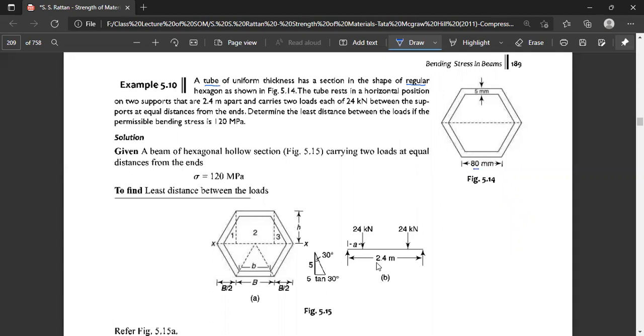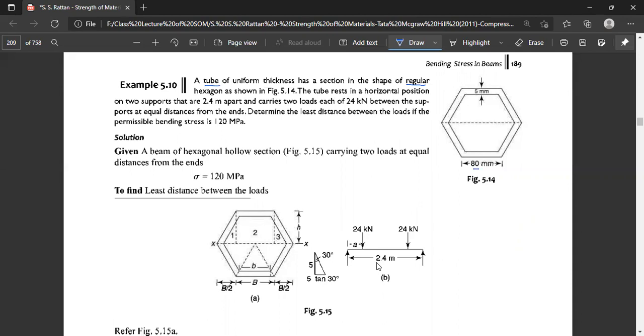First of all, it is a hollow hexagon of uniform thickness equal to 5 millimeter, and one side of the bigger outer hexagon is equal to 80 millimeter. Next, this beam is supported at the ends. There is no overhanging portion.